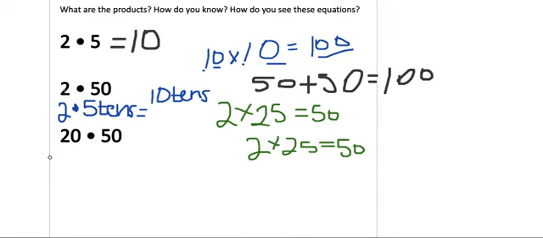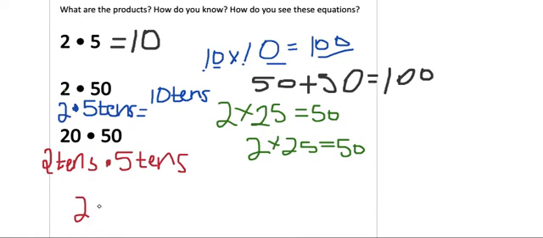Let's look at this. So this is 2 tens times 5 tens. Now 2 tens times 5 tens. Let's just do 2 times 5.